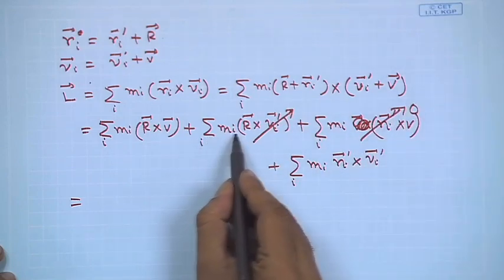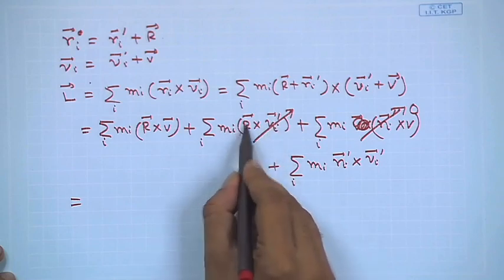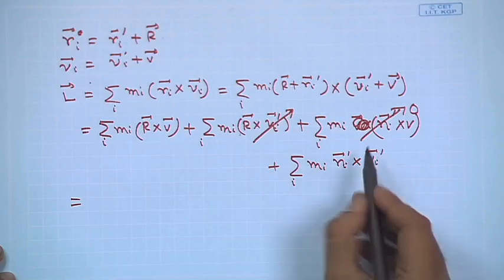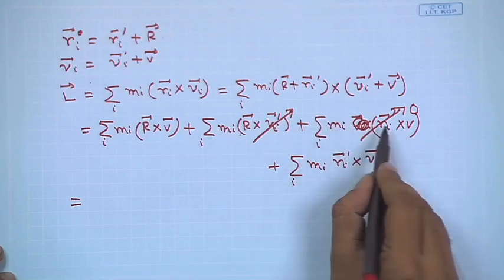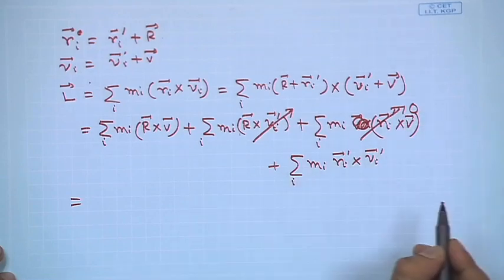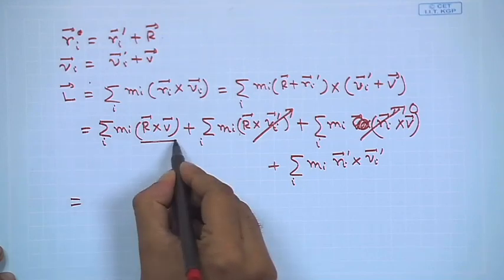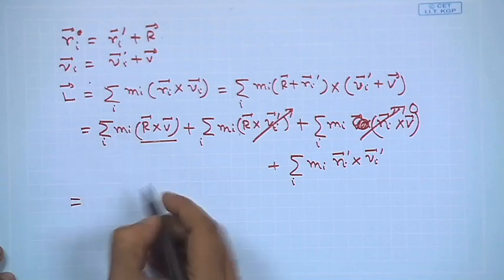Why? Because we can take m_i inside this, and we can write it as R cross sum over i m_i v_i prime, which is equal to 0. Similarly, this one can be written as sum over i m_i r_i prime cross capital V, which is once again equal to 0. So, what we are left with is, these two quantities are independent of i, so we can execute this summation.